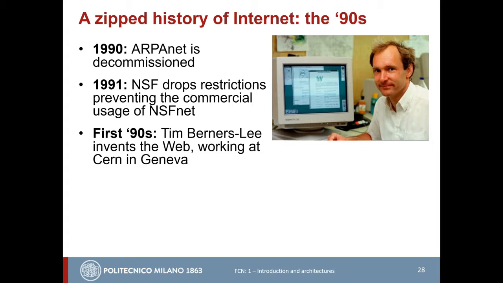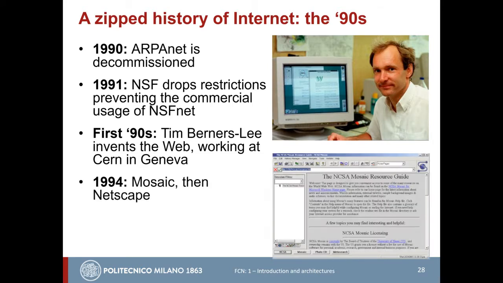And so he was able to associate the idea of transferring information with HTML, so the idea of writing a text with links that are clickable and can dynamically lead you to another document. And this was really a successful invention.